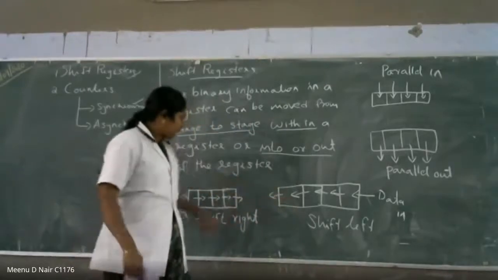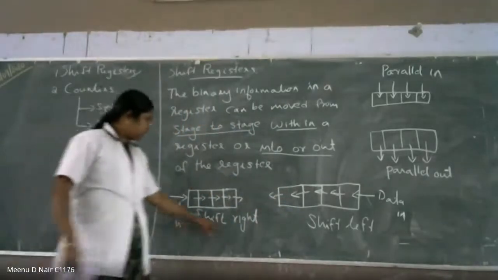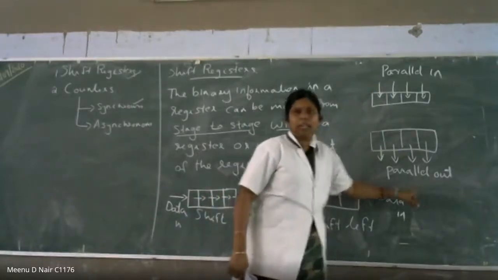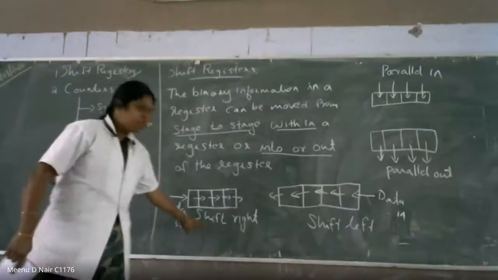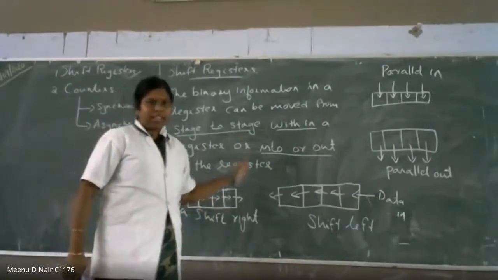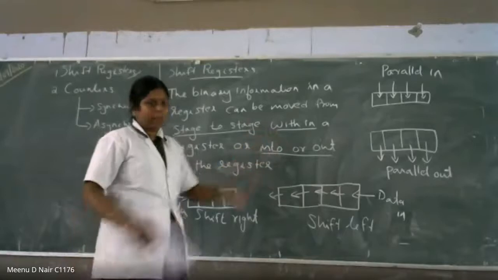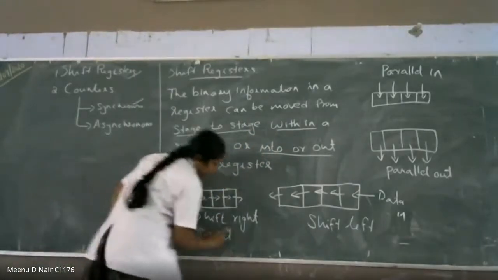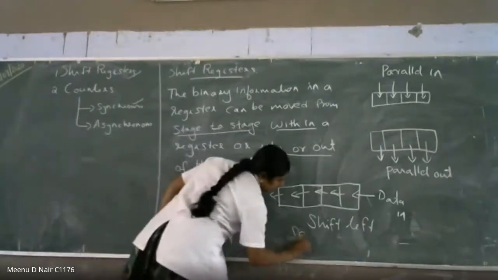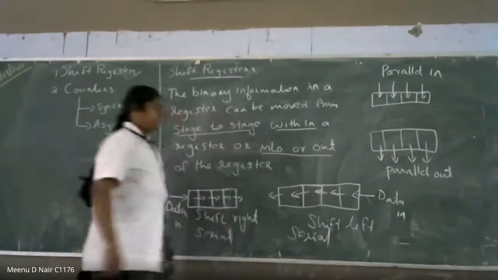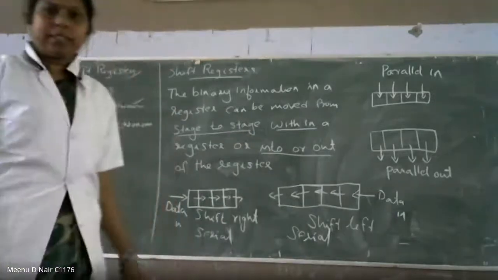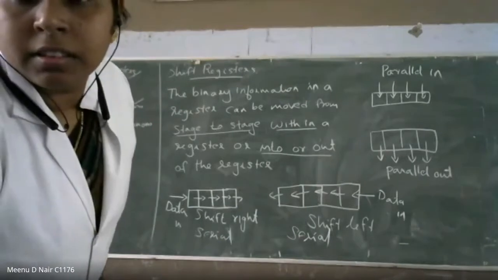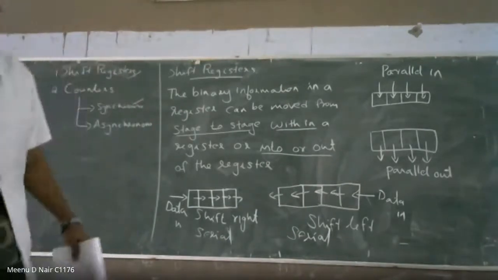So there are 4 combinations: shift right, shift left, parallel in, and parallel out. And this is the case for serial, where you are sending one bit at a time, so you can call it serial shift right, and this is serial shift left. Is that clear?